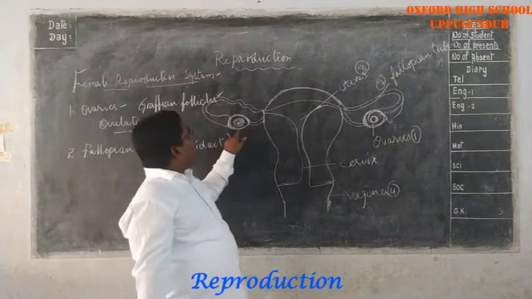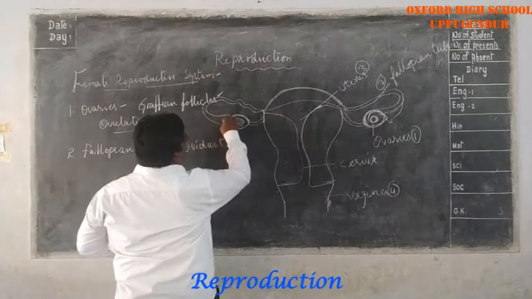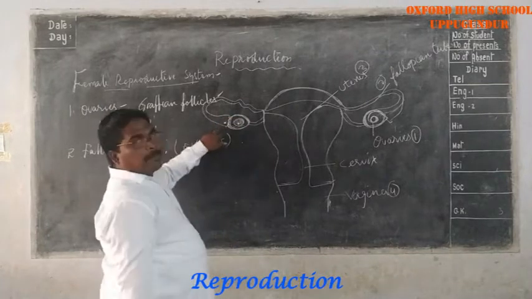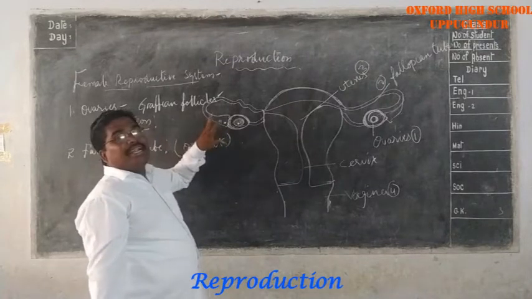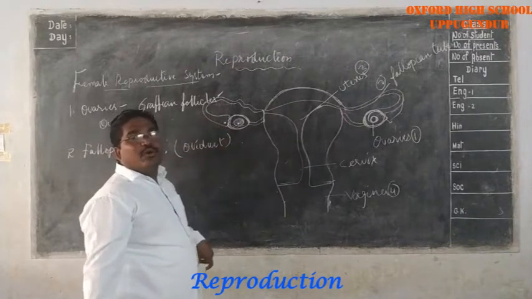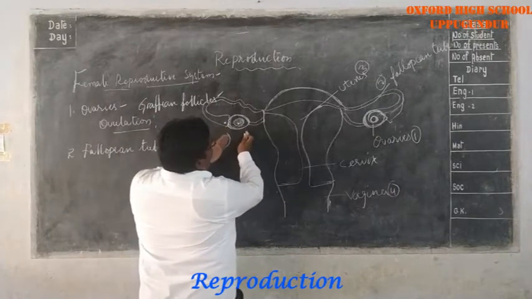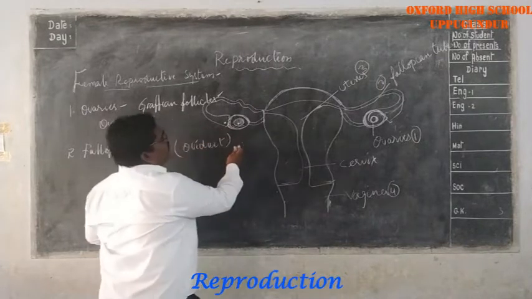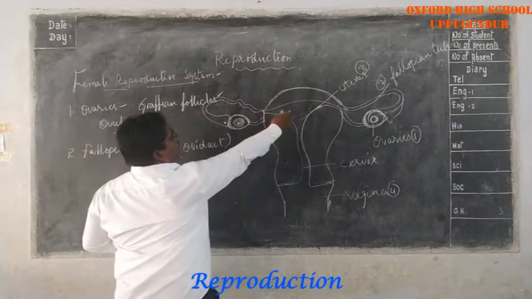Generally, the ova enter into the widened part of the funnel called the oviduct, which arises from the neighborhood of the ovary to the thick muscular walled uterus.